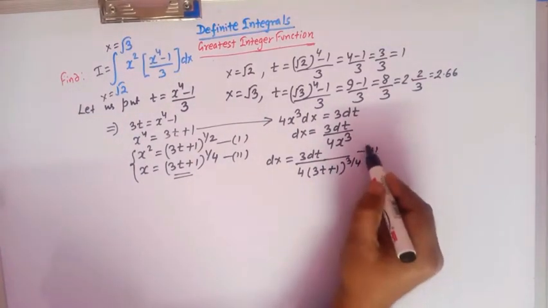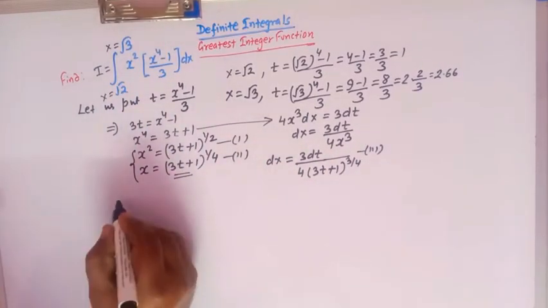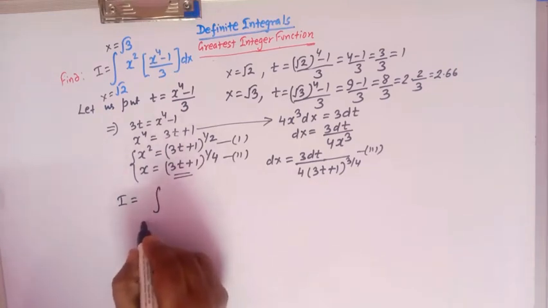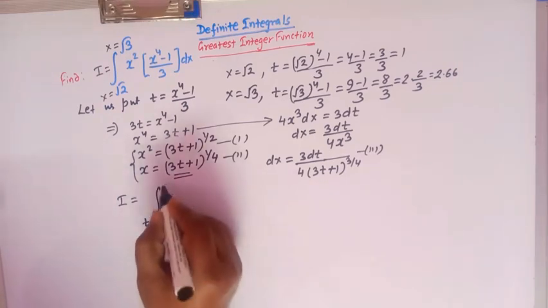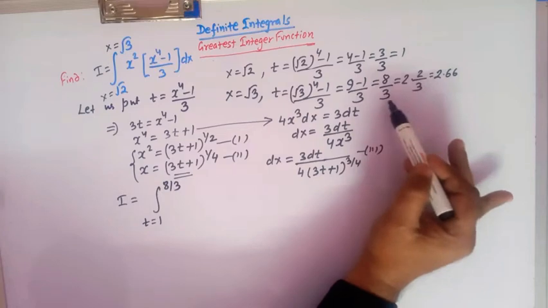Okay, so now we have these expressions, and we can now write this integral I as the integral from t equal to 1 to 8/3, because t varies from 1 to 8/3.